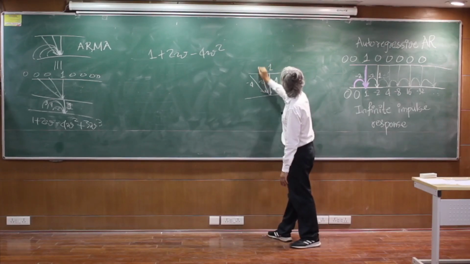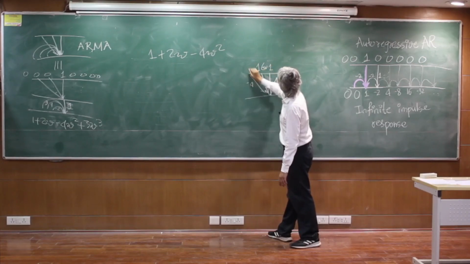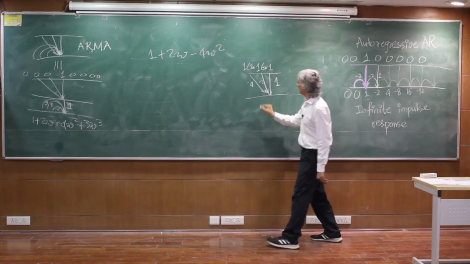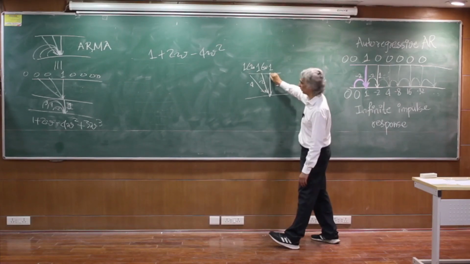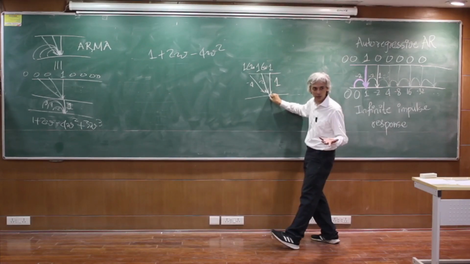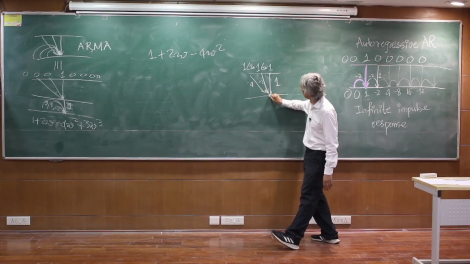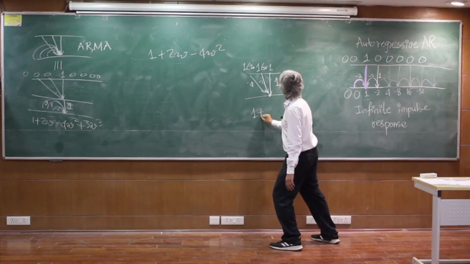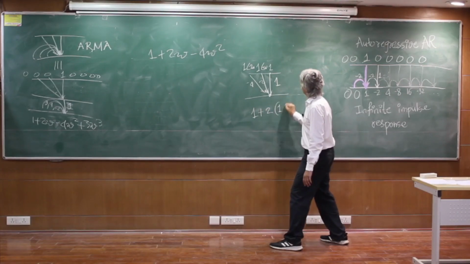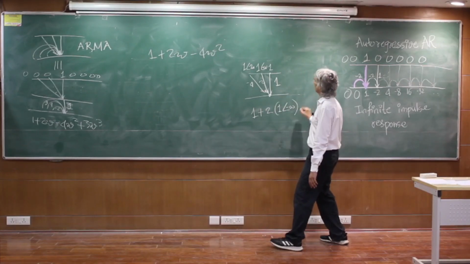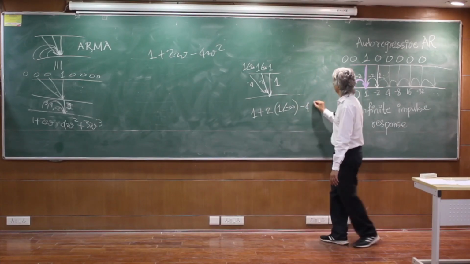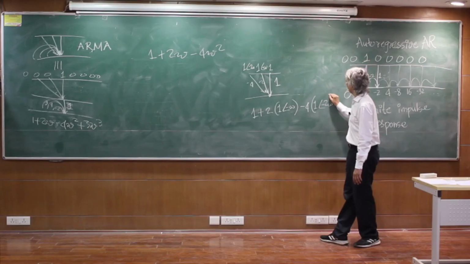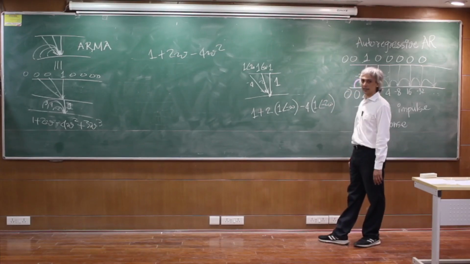So this is one angle minus omega, one angle minus 2 omega, and so forth, yes? And so the DTFT is the output here, because the input is 1, output is here, eigenvalue is DTFT, correct? So this output is the DTFT, and this output is 1 plus 2, 1 angle minus omega, minus 4, 1 angle minus 2 omega, correct?